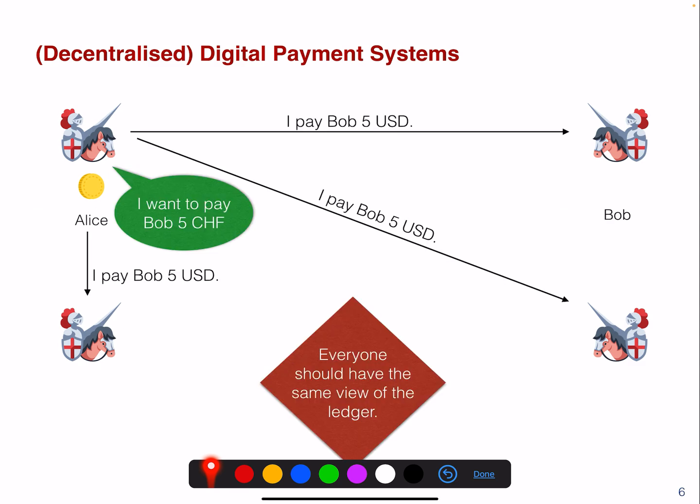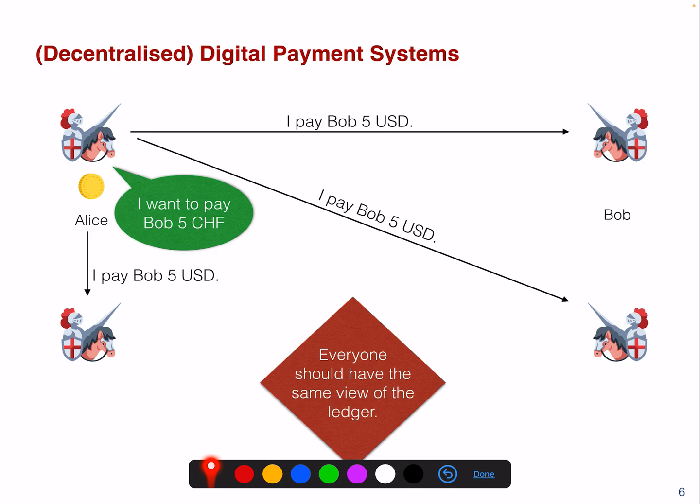If this knight Alice later wants to perform a payment in a decentralized payment system, she actually has to broadcast a transaction, to make different peers aware of the same information.